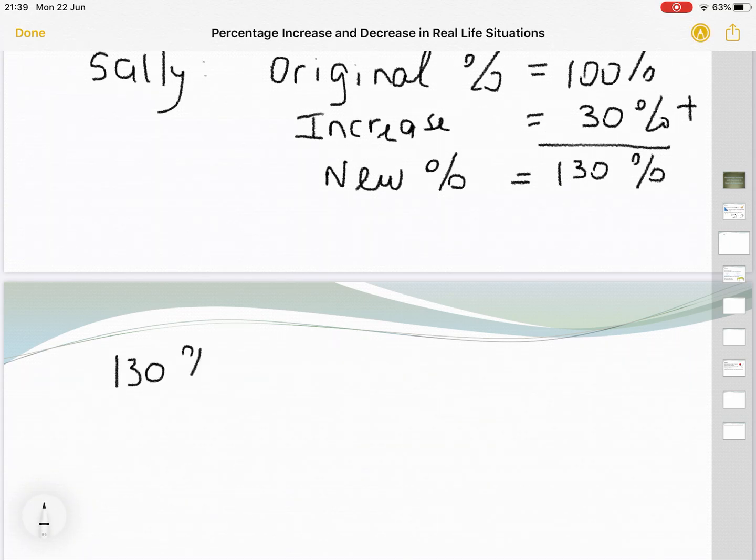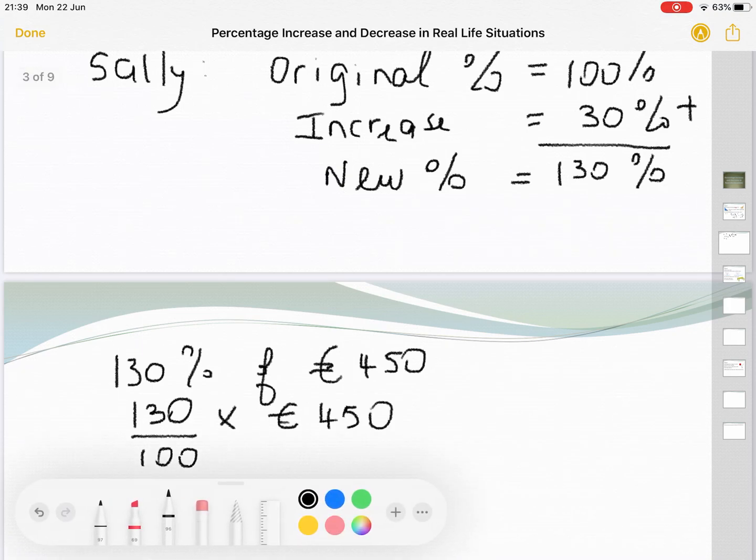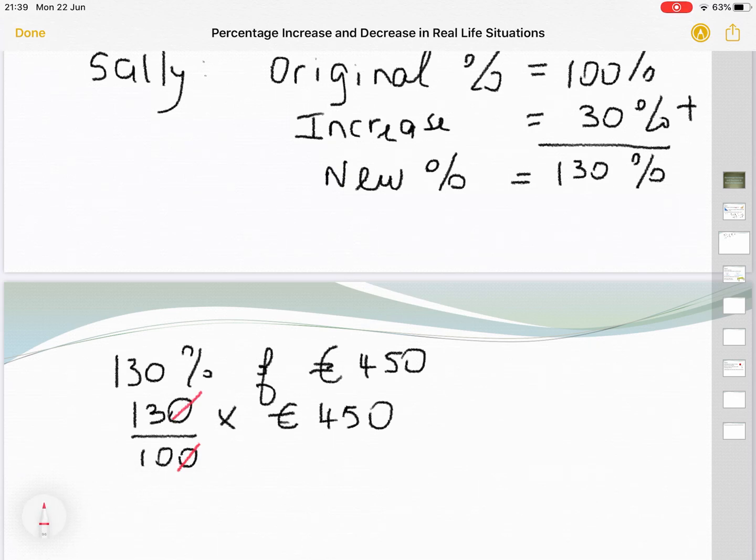So 130% of 450. 130%, boys, means 130 out of 100. Instead of "of" I write a multiplication sign, €450. I can cancel the 0 of the 100 with the 0 of the 130, the other 0 of the 100 with the 0 of the 450.